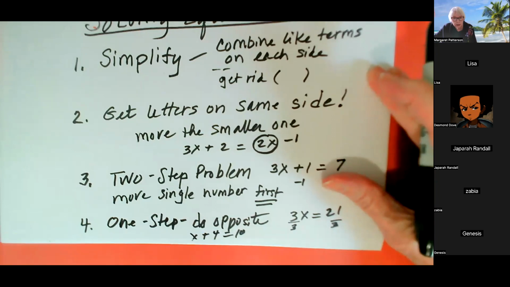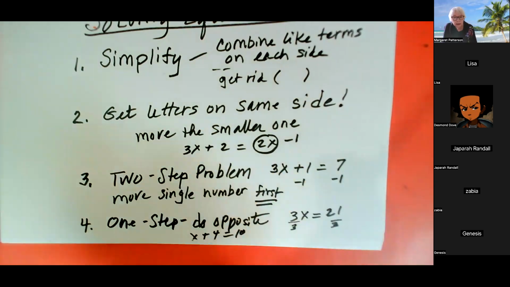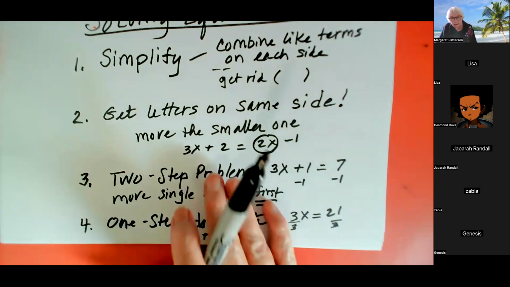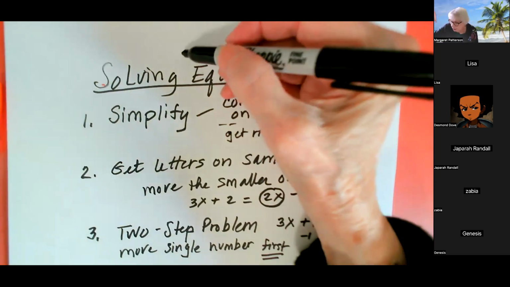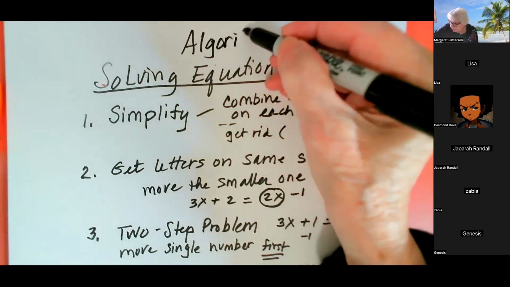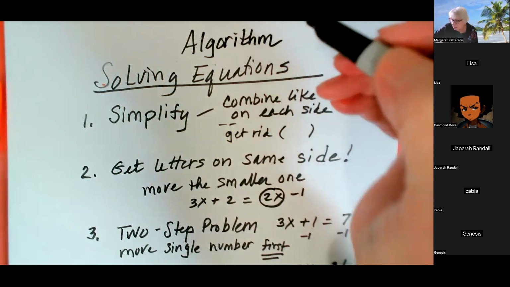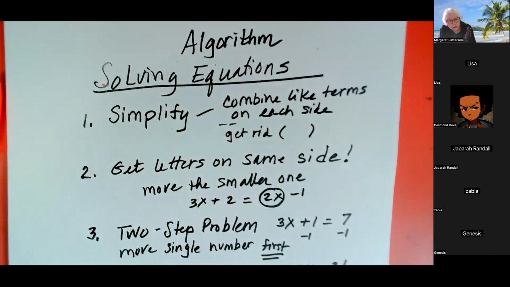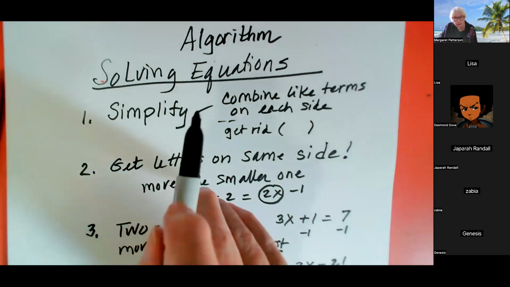So this is a fancy word, and I like people to know these things, but I'm not going to test it. It's an algorithm. It's a step-by-step, efficient way to do something. Has anybody ever heard of this?